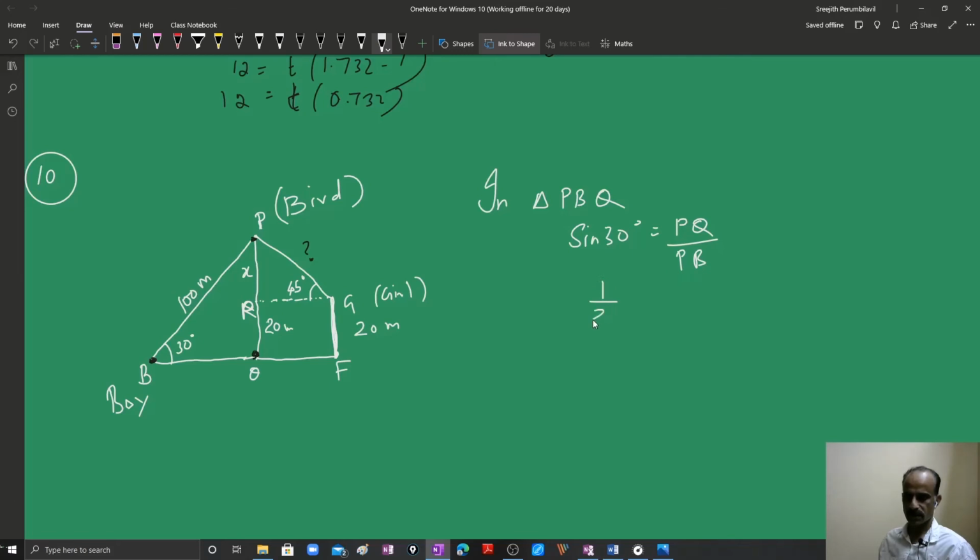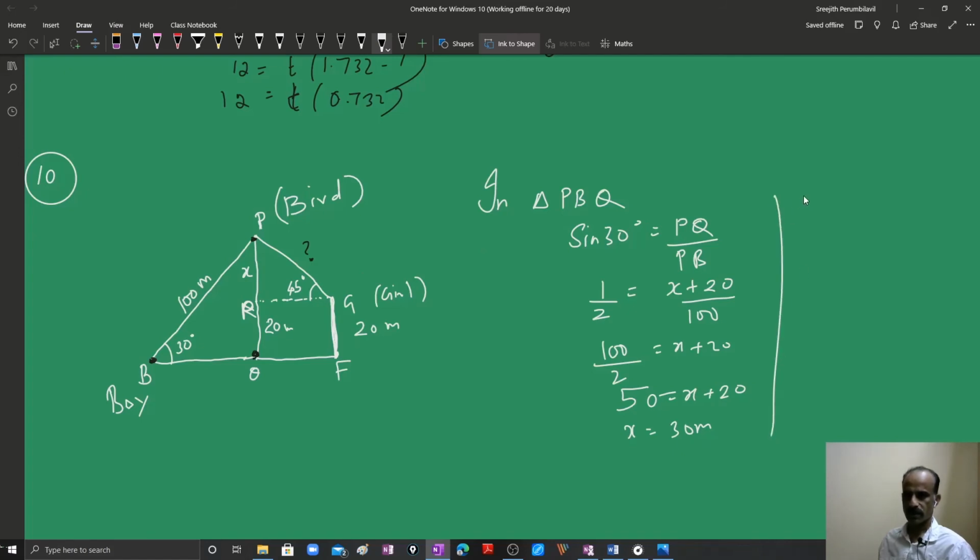Sine 30 is 1 by 2, that is equal to x plus 20 divided by 100. PB is 100. So 100 by 2 is equal to x plus 20. 50 is equal to x plus 20, or x is equal to 30 meters. So we got x is equal to 30 meters.